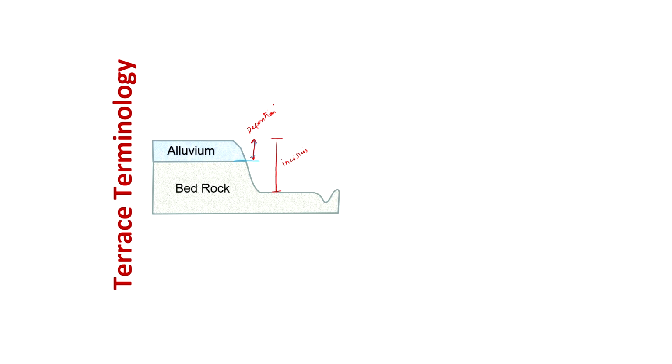Now as per the classification, if we see, it has incised the alluvium as well as the bedrock. Both have been incised. Such types of terraces we call an erosional terrace, or we can say a strath terrace.